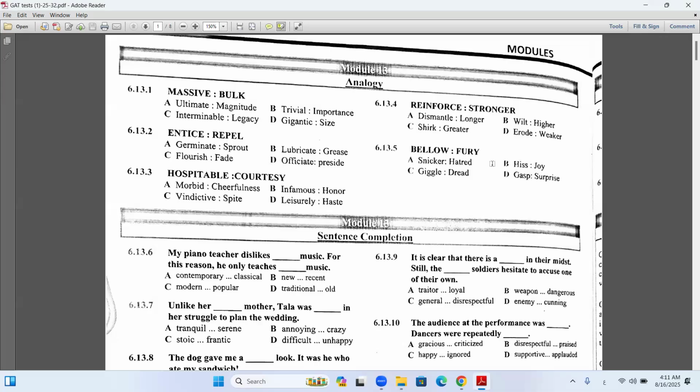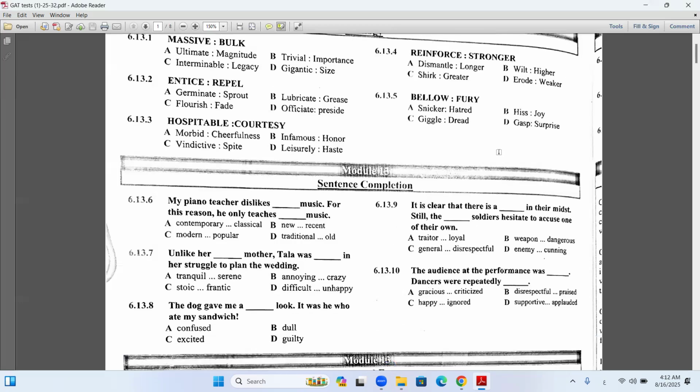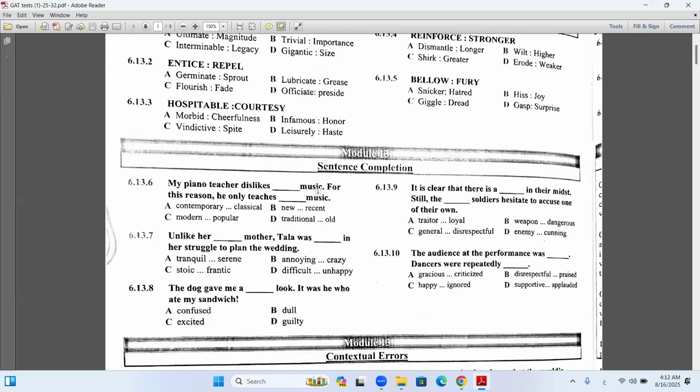Okay, so here this is the action and this is the occasion when this action happened. Bellow here means to shout, especially like elephants, and some roar like a lion. So when we're furious, we do this. So when there's surprise, we gasp. We look surprised. Good, perfect.